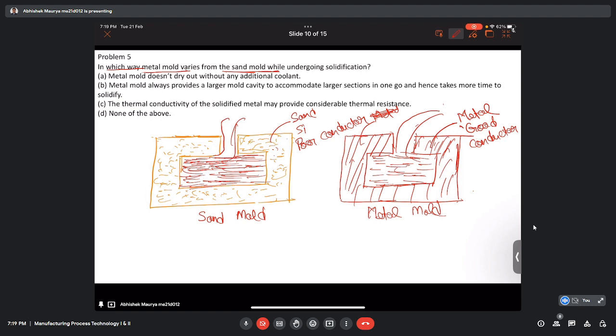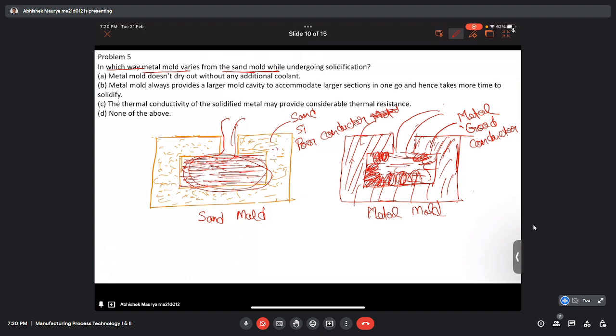So what will happen here, the solidification process will be faster. Here the material will solidify faster near the mold walls, whereas in the sand mold, the material will solidify a little bit more uniformly throughout the region.